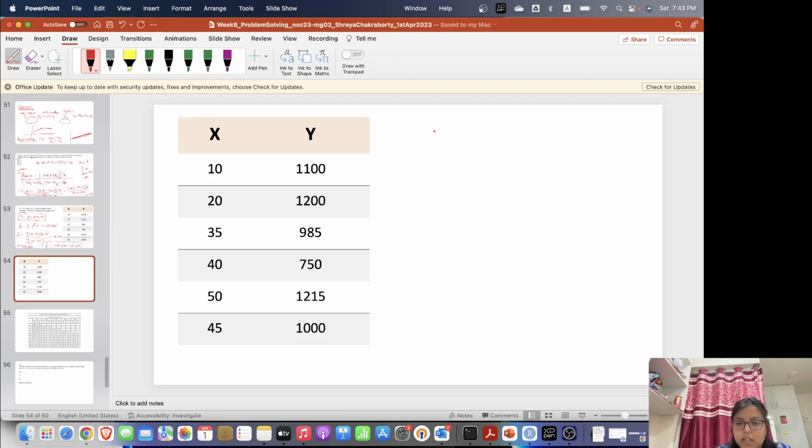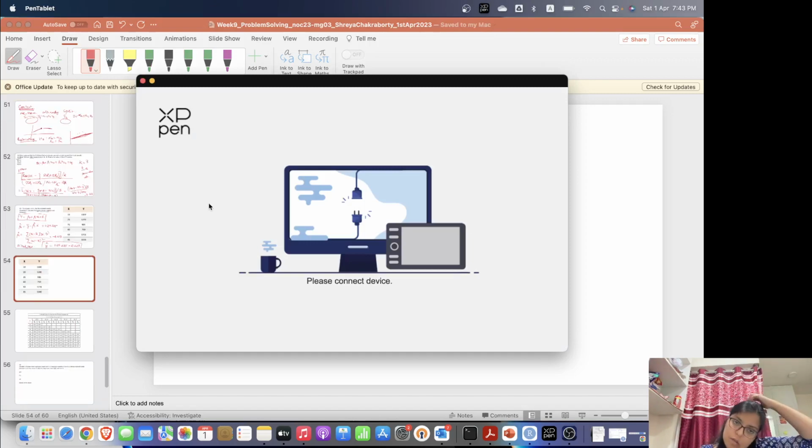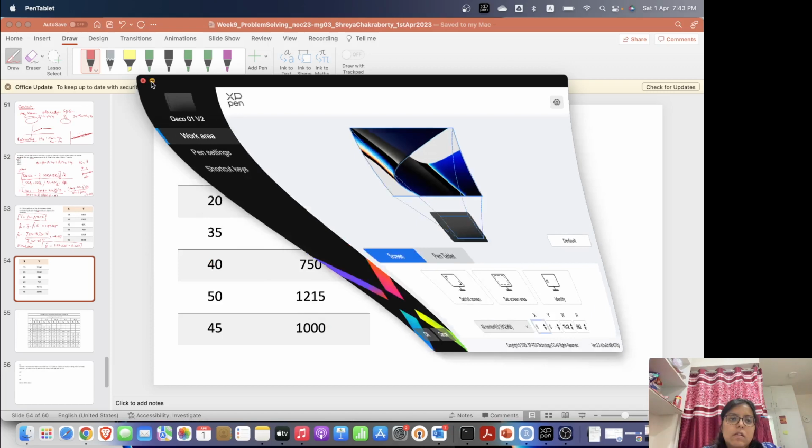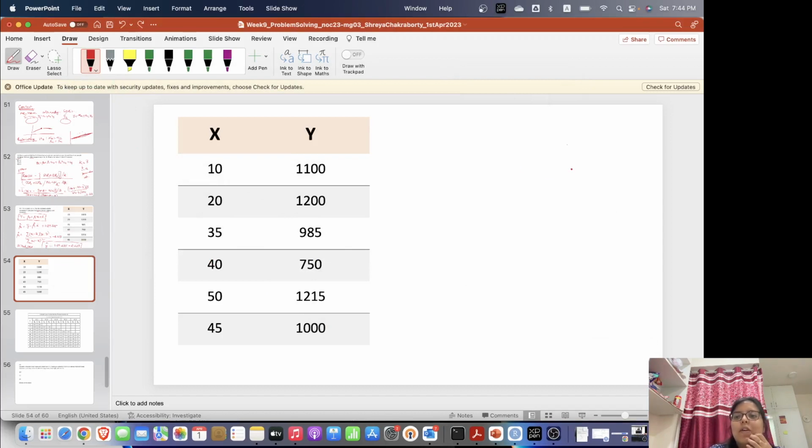So I have my equation as y hat equals 1129.225 minus 2.627x.